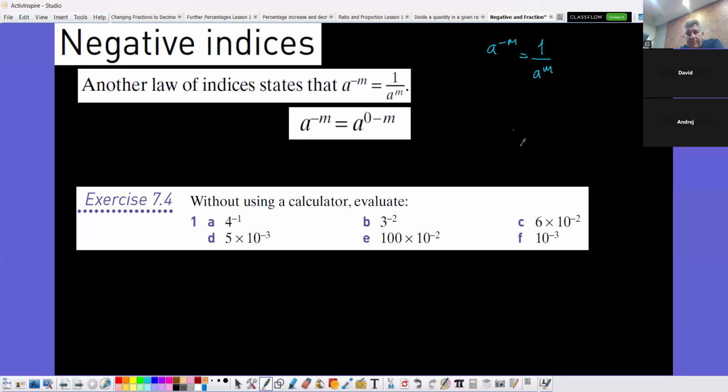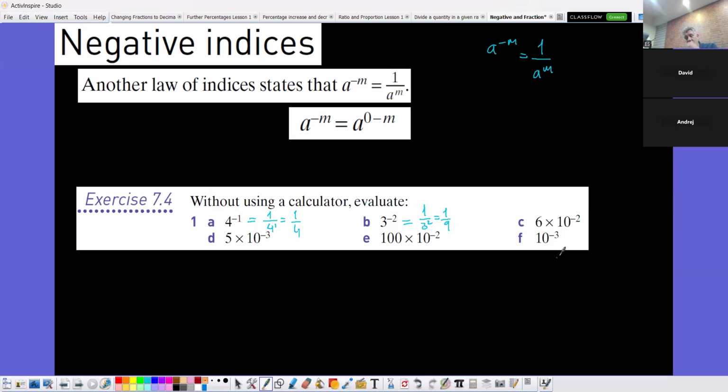If you see 4 to the power of minus 1, it has to be 1 over 4 to the power of 1, which is equal to 1 over 4. Actually, you don't need to write 1 over 4 to the power of 1, then 1 over 4 in the exam, because you can directly write it, as there's no need to write this power here. But here we have to. This is equal to 1 over 3 squared, and it's equal to 1 over 9.